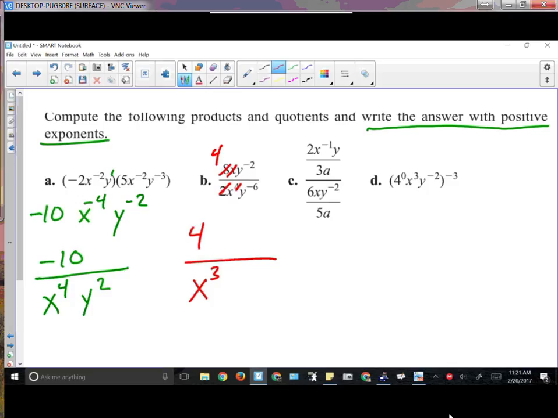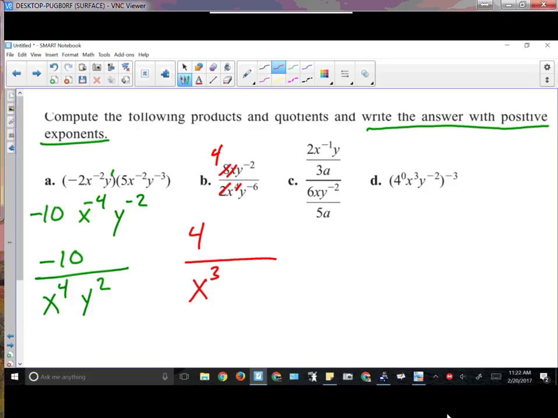So what about the y's? Okay, I got -2 of them up here and I've got -6 up here. Well, the nice thing is as long as the signs are the same, you can cancel them out. But a lot of times I don't like looking at it that way with negative exponents.